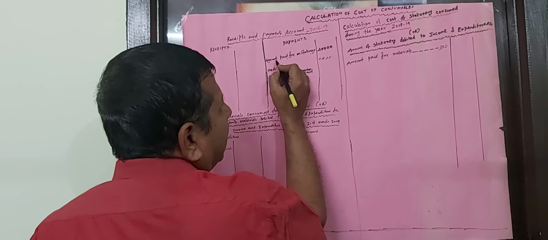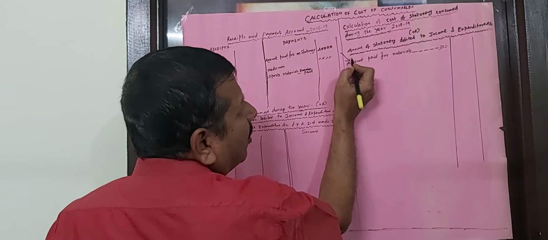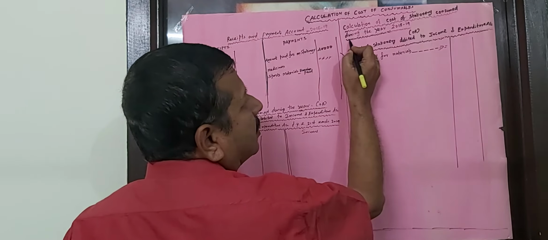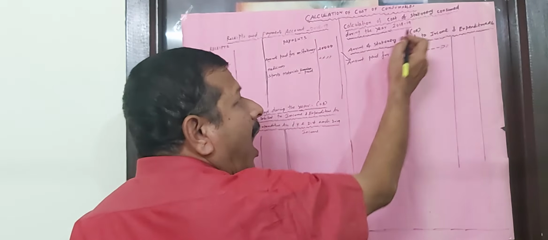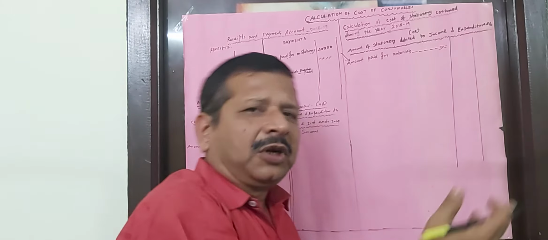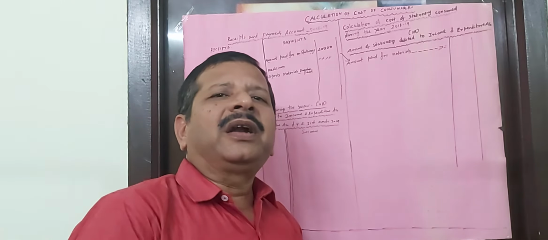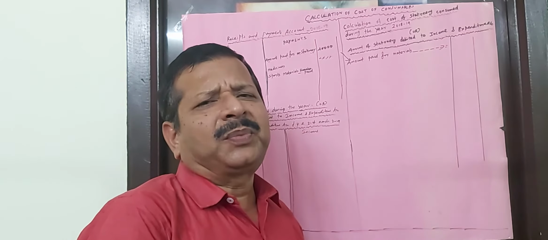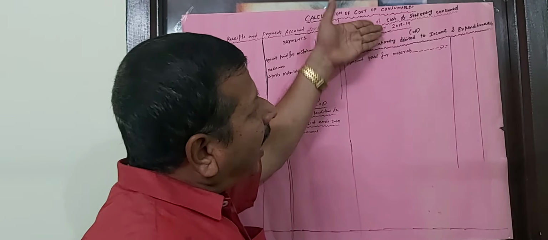Here, for the amount paid for stationery, I have written a working called calculation of cost of stationery consumed during the year 2018-19, or the amount of stationery debited to income and expenditure account. Both are the same. Whatever cost of consumable you calculate, the same amount will be recorded on the income and expenditure side.